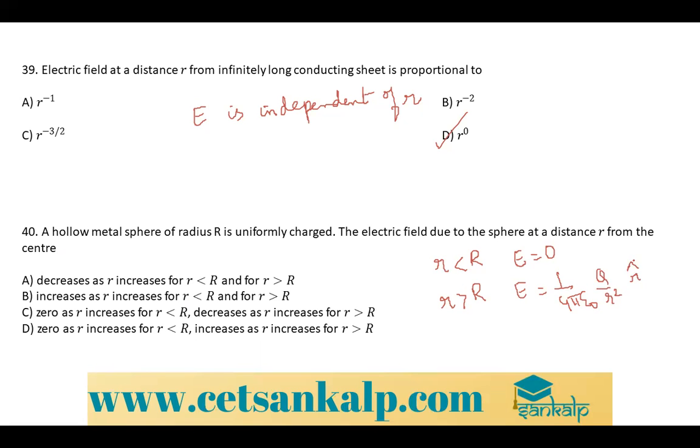As you can see from this, E decreases as r becomes more. Small r is greater than R, and since r squared is there, the more it increases, the electric field decreases. So the electric field is 0 for r less than R, and it decreases as r increases. Option C is the right answer.